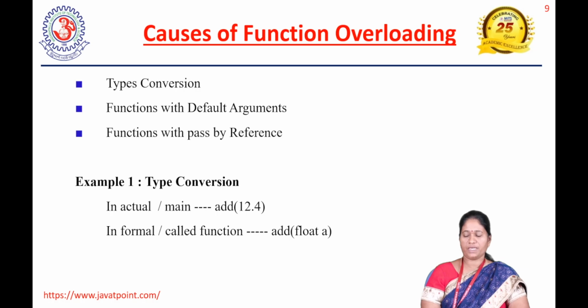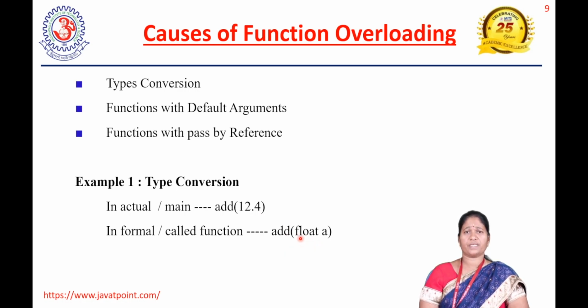If you see example 1, type conversion, in the main function you have to use 12.4. Actually 12.4 is a floating value, but if you go with the detailed description of the function overloading concept, we have to mention it as a double.